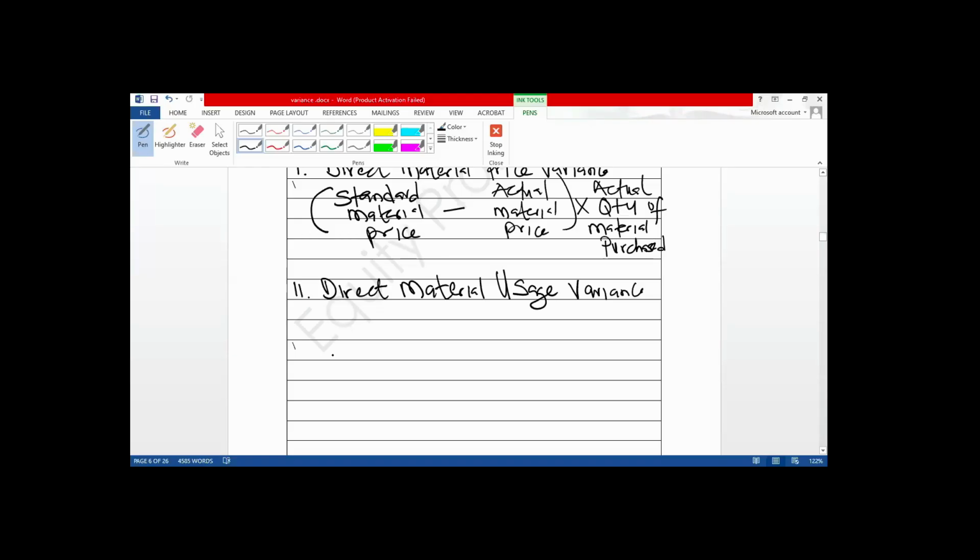It is where the actual usage is lower or higher than the standard usage. Material usage variance occurs in a situation where actual material use is different from the standard material.